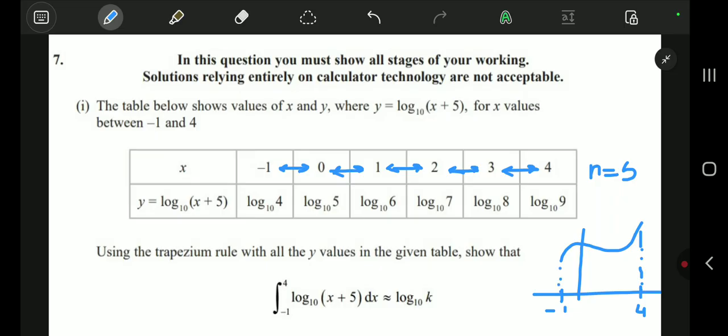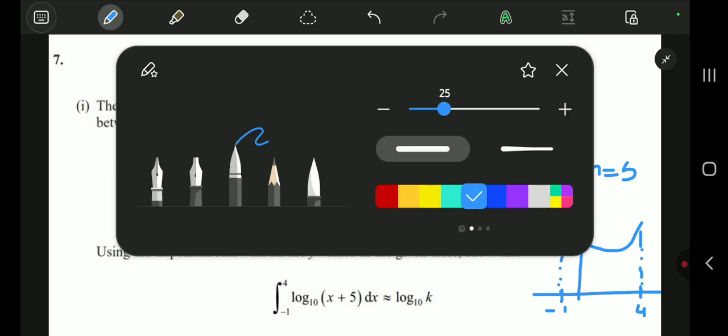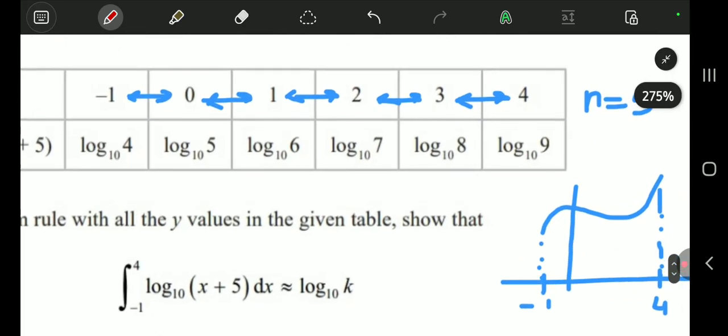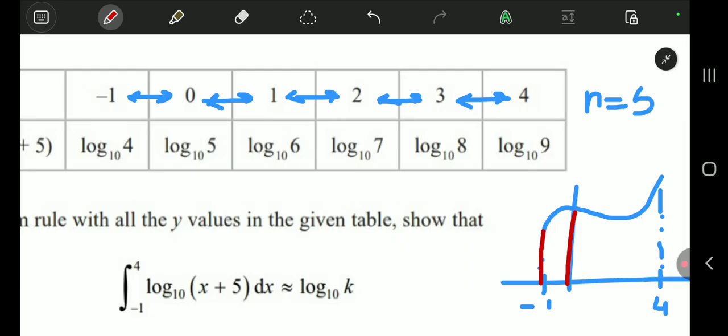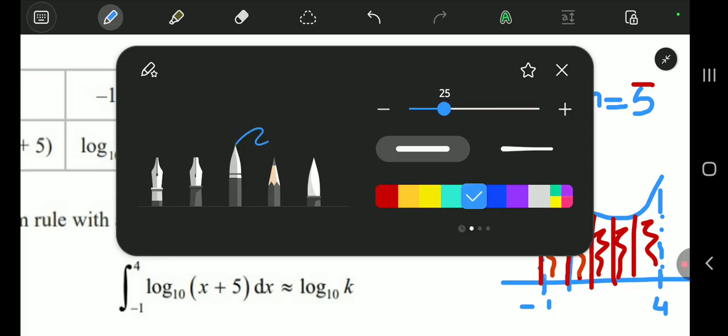If we distribute it, from -1 to 0 is one region, then 0 to 1, 1 to 2, 2 to 3, and 3 to 4. So how many regions do we have here? This is 1, 2, 3, 4 and 5. So this is your n, how many regions it is divided into. Okay, so here n equals 5.